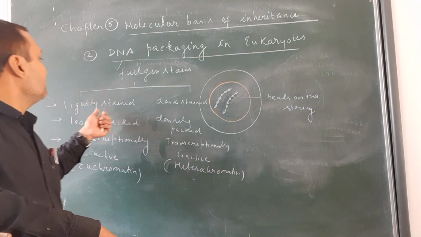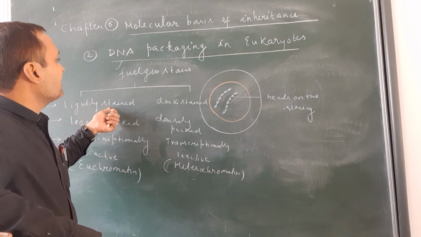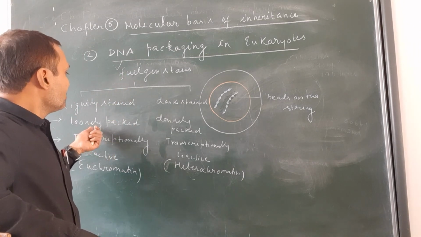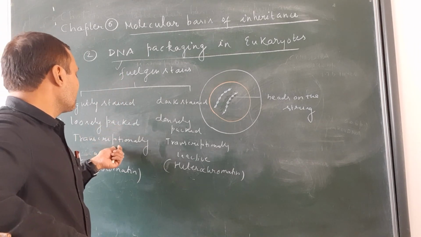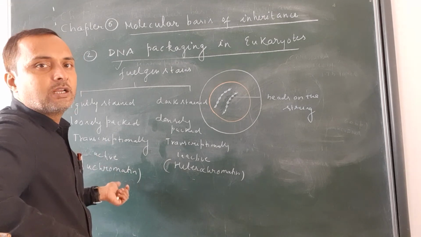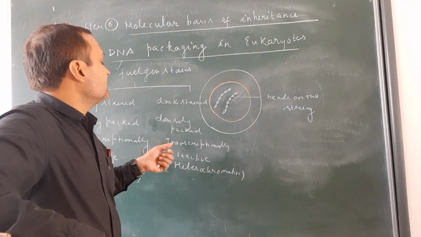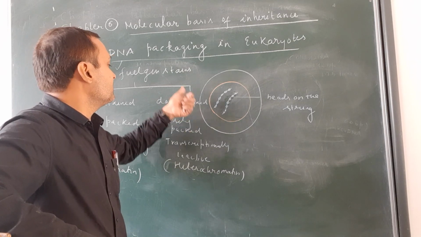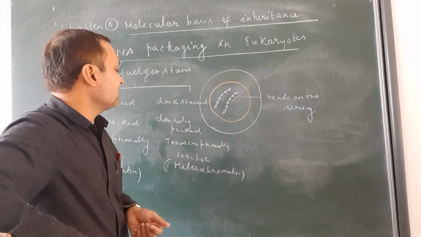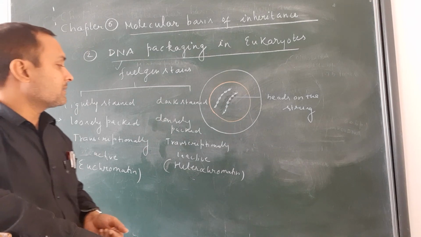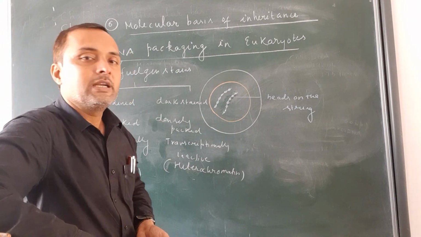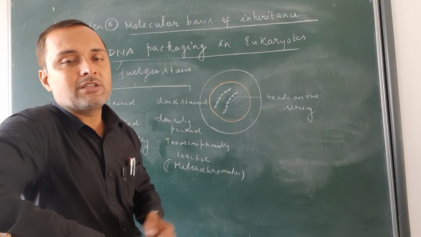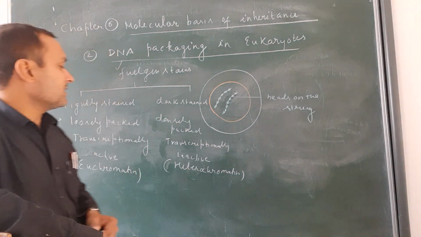What is euchromatin? The chromatin that is lightly stained, loosely packed and transcriptionally active is known as euchromatin. And the chromatin that is darkly stained, densely packed and transcriptionally inactive is known as heterochromatin. So these are the two types of chromatin.